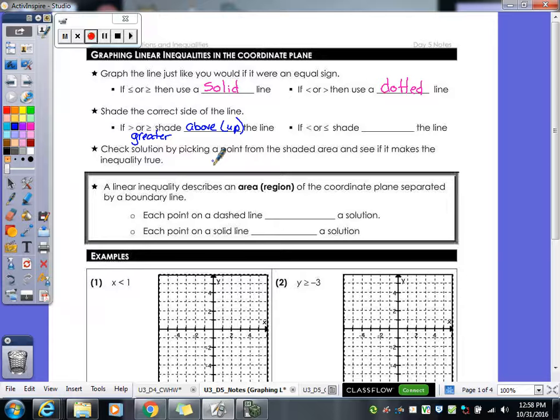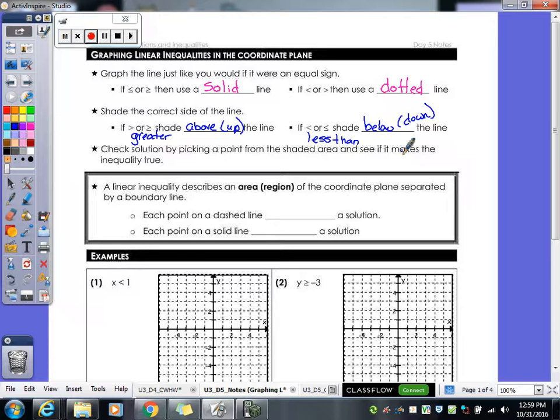If it's less than or equal to, we shade below the line, or sometimes we say shade down. Okay, if you really don't understand above, below, up, down, then I'll show you another way to do it for shading.